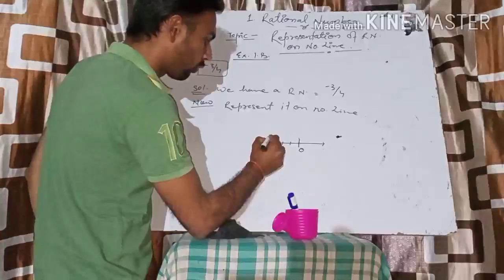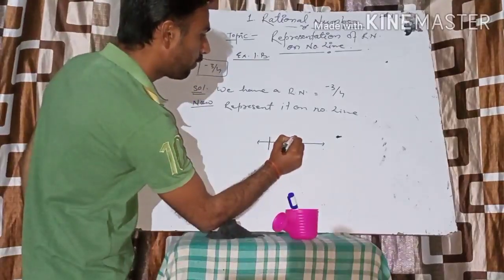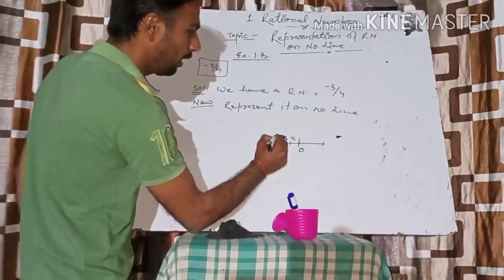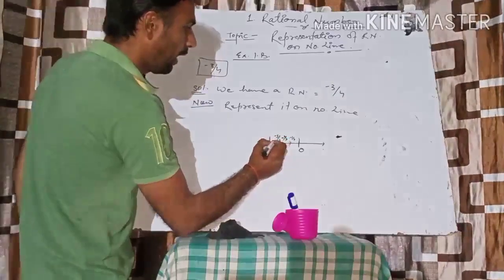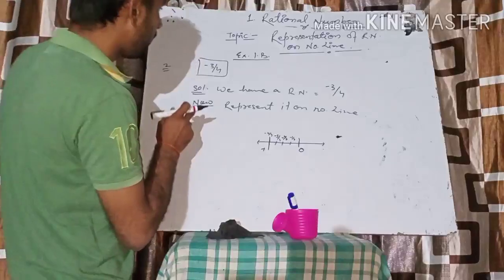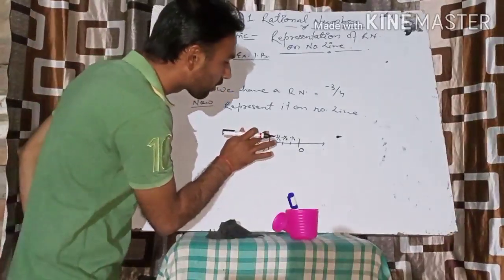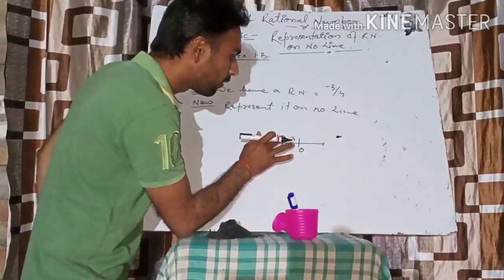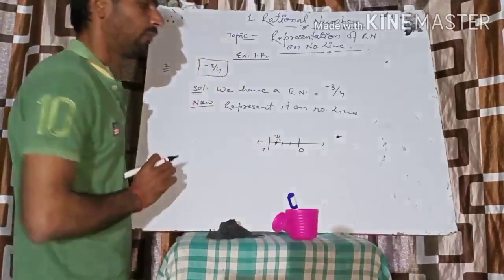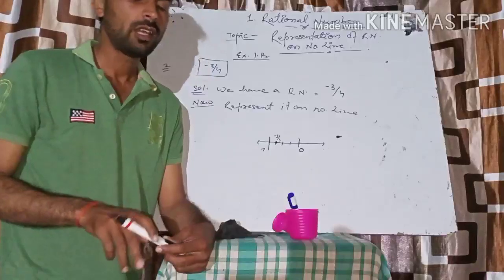The points will be minus 1 by 4, minus 2 by 4, minus 3 by 4, and then minus 4 by 4, that is minus 1. But we have to represent only minus 3 by 4, so just ignore these other things. This point is minus 3 by 4. In this way you can easily represent any rational number on the number line.